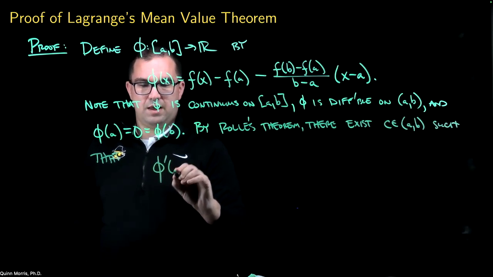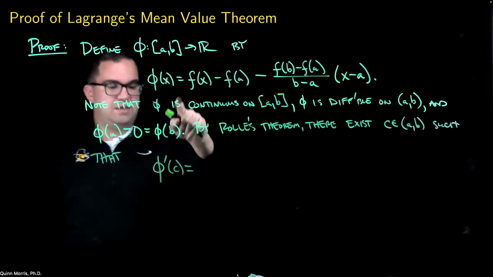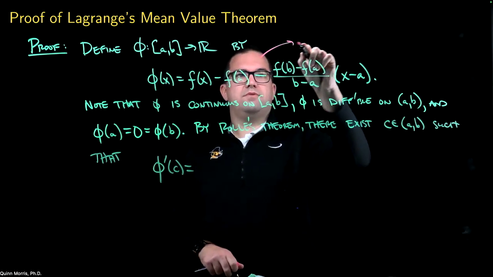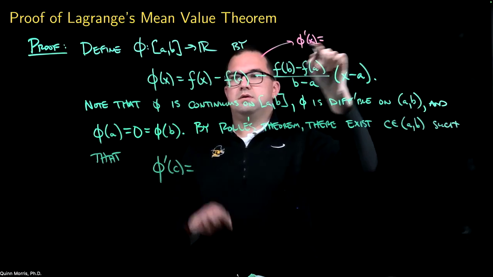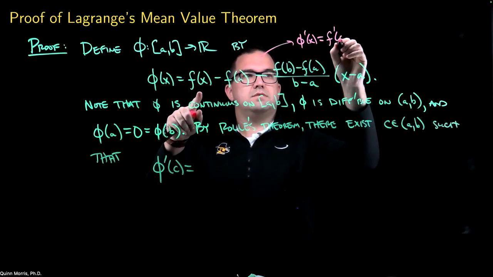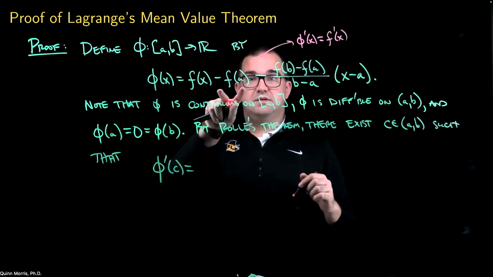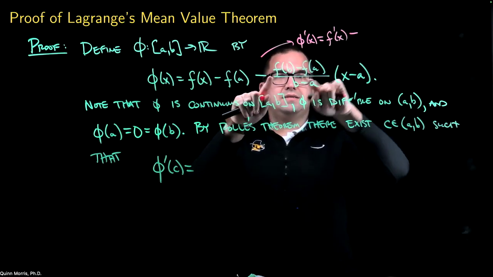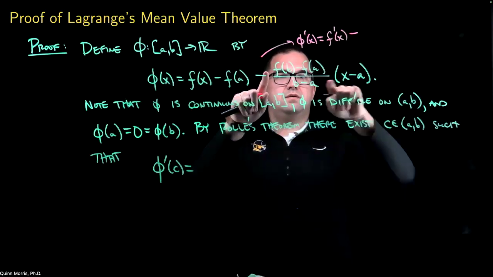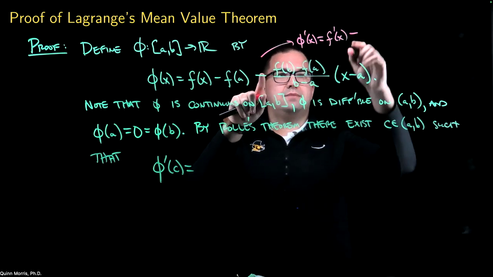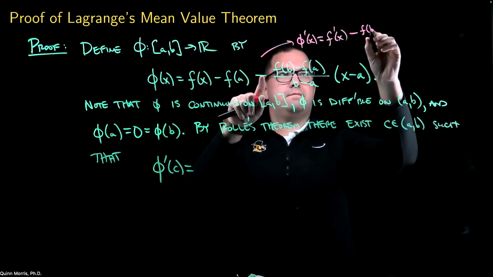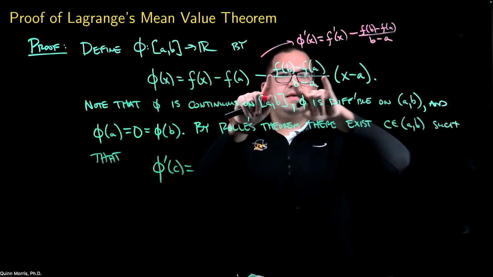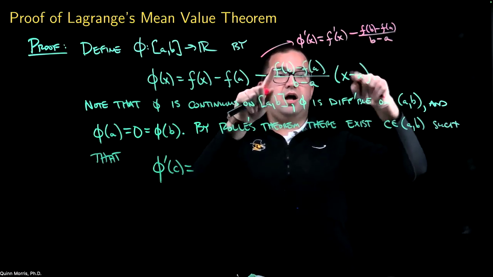Well, what is phi prime of c going to be? What's phi prime of x? That'll be f prime of x. That's a constant, so its derivative is 0. And here, I have minus this constant times x. The derivative of minus a constant times x is minus that constant. And then I have minus a constant times a constant. That's still a constant, so its derivative is 0.